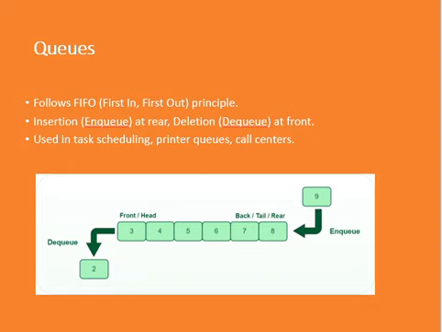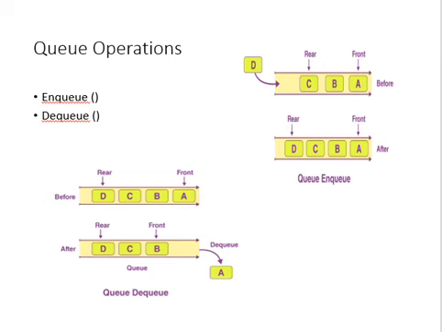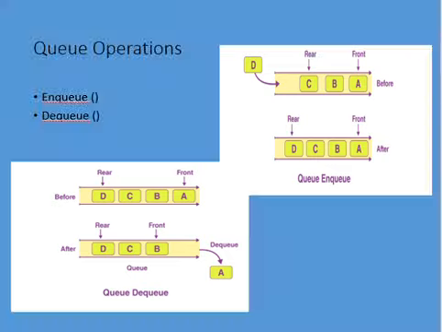Now there are two very basic and important operations in queue that are called NQ and DQ. In NQ, first we need to check if the queue is full. If the queue is full, then show the queue is in overflow condition and then exit.